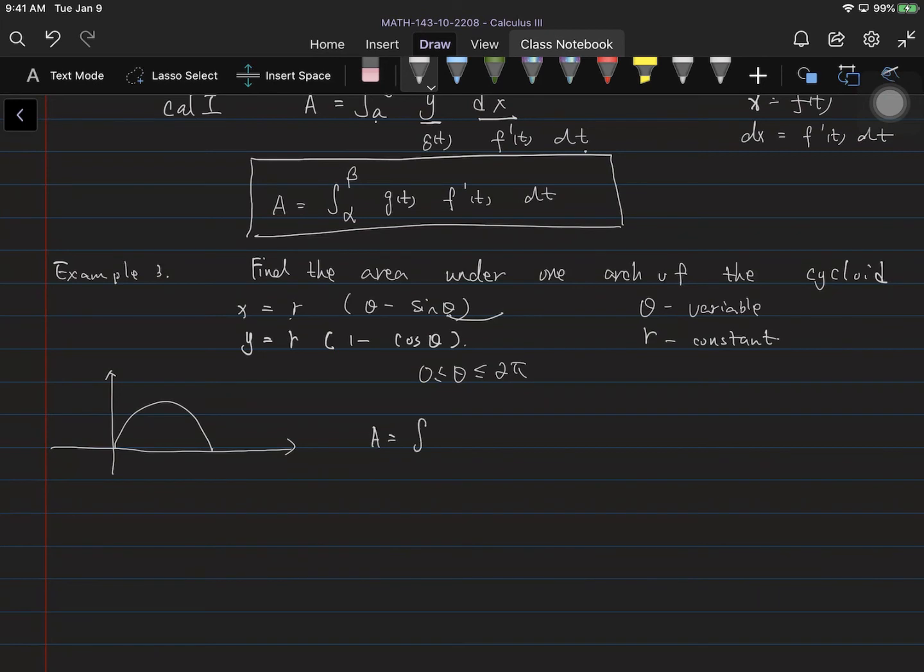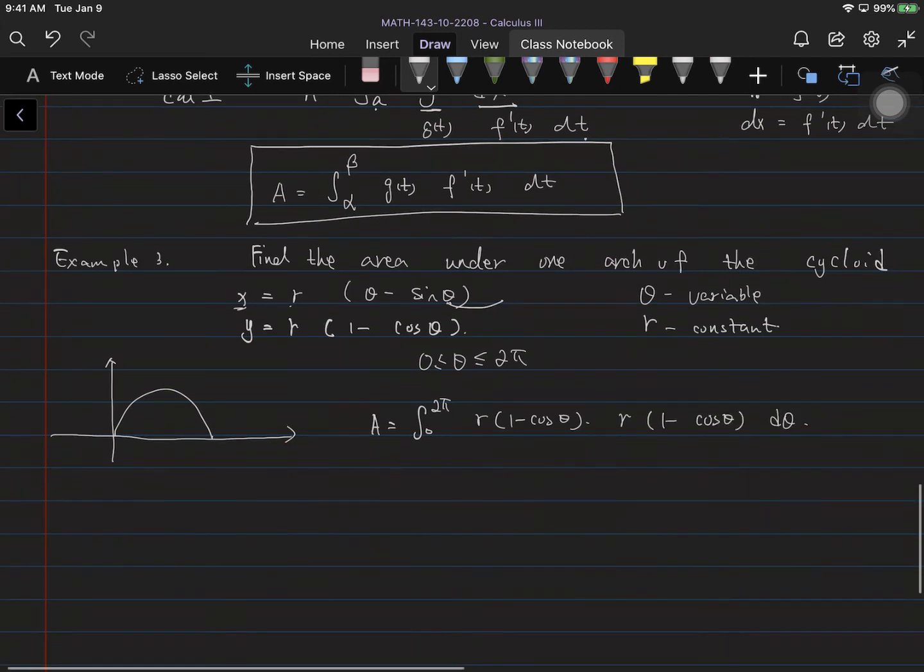Area equals, first set up the integral from 0 to 2 pi, and the y, which is r(1 minus cosine theta), right? And for dx we take the derivative of x, which is r(1 minus cosine theta) d theta. Simplify: the integral from 0 to 2 pi of r squared (1 minus cosine theta) squared d theta.